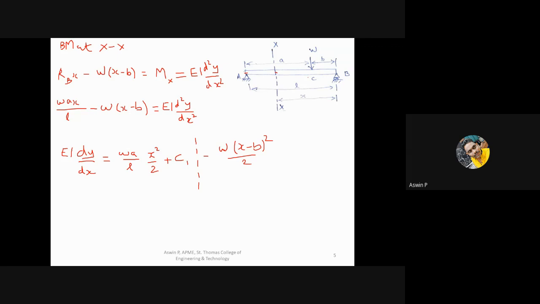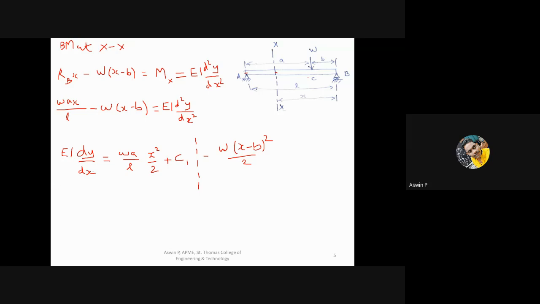There is not much explanation on why we are not integrating differently. With normal mathematics, x would become x square by 2 and b would become bx. But that is not the case in mechanics of solids, particularly in Macaulay's method. So it's a special integration. You should remember this special integration.